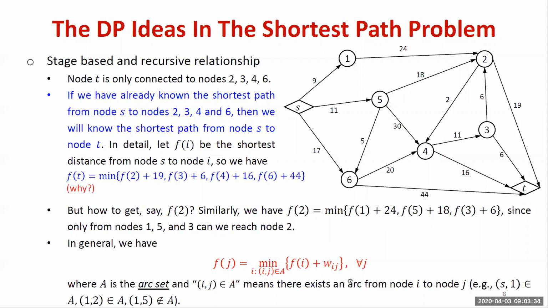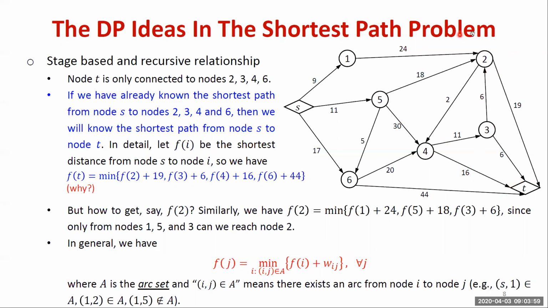So this formulation in this graph, when j equals t, means the minimization of f2 plus 19, comma, f3 plus 6, comma, f4 plus 16, comma, f6 plus 44. And I want to get a minimum. Of course, by logic, it's very easy to verify that as long as I get the minimum of this, I can get the shortest distance from S to T.